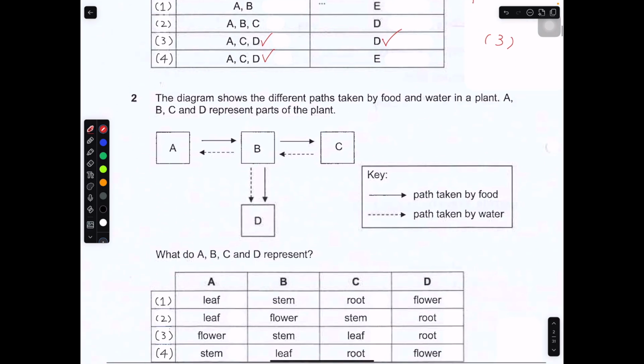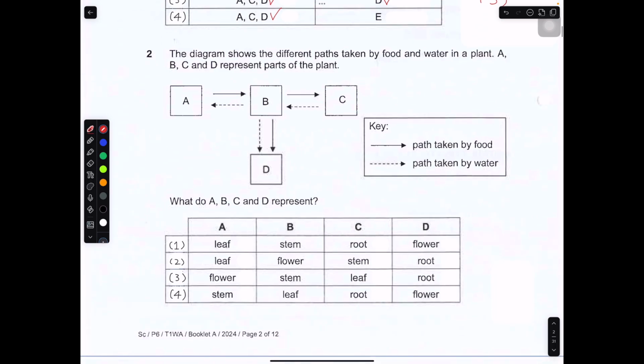Okay, moving on to this part. The diagram shows the different paths taken by food and water in a plant. A, B, C, D represent different parts of the plant. So you have a bold arrow and a dotted arrow, which represent food and water. What do A, B, C, D represent? So to really deal with this question, you have to look at where the arrow starts from.